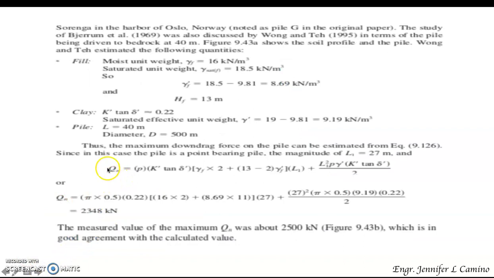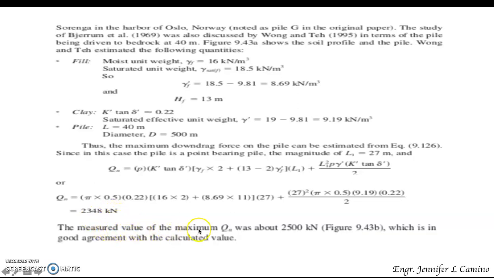Therefore, the maximum downward drag force on the pile can be estimated, since in that case the pile is a point-bearing pile. The magnitude of L1 is 27 meters, and our Qs of n is equal to this equation. If we substitute the given values here, we get the total downward drag force of 2,348 kilonewton.